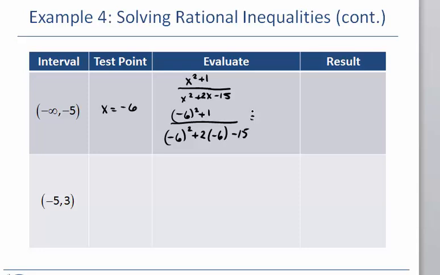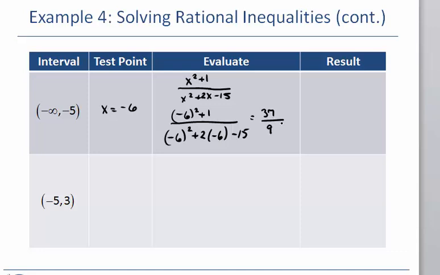We're not even that concerned with the number that we get, even though we'll write it down. We're really concerned with whether it's positive or negative. So on the top, we're going to have -6 squared is 36, plus 1 is going to be 37. On the bottom, we're going to get positive 9.